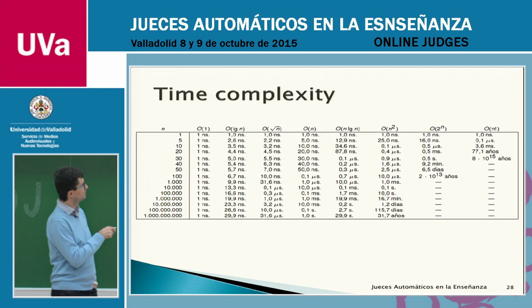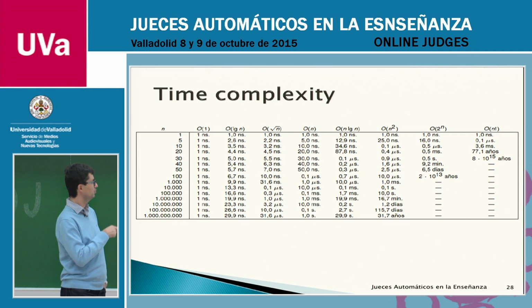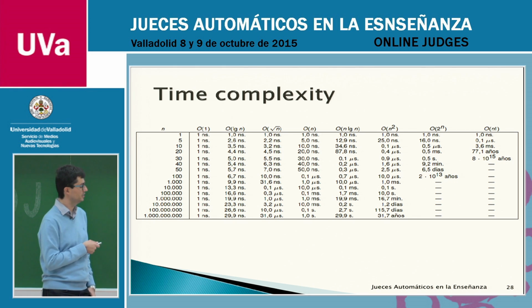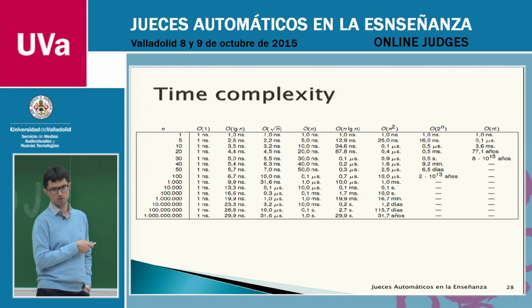So if you are in the left part of the table, you have efficient algorithms. If you have some of these, it's very likely that your problem is going to get in.